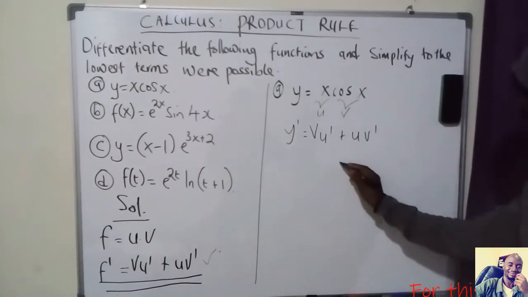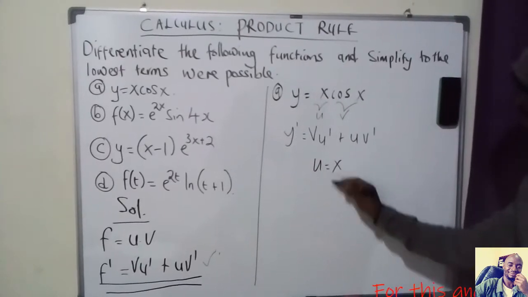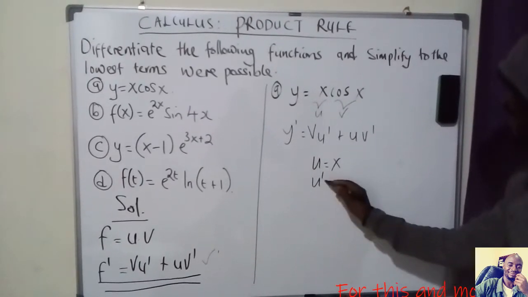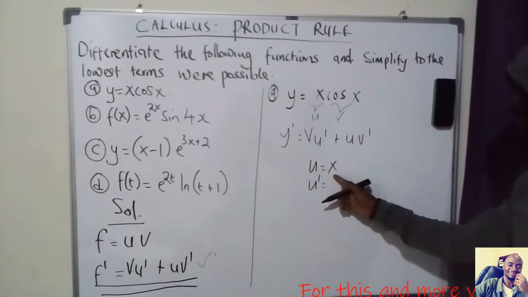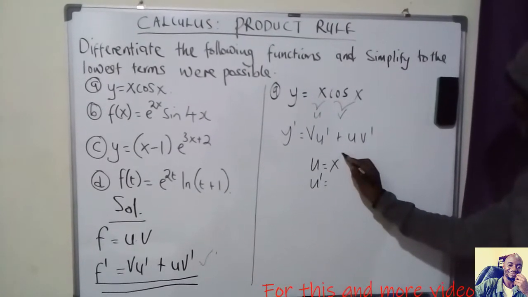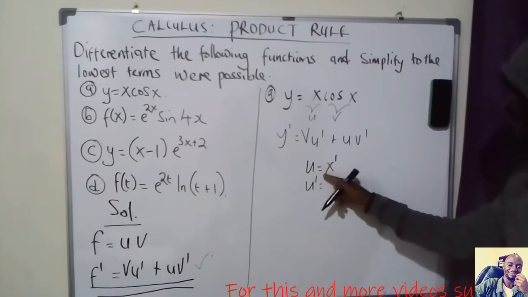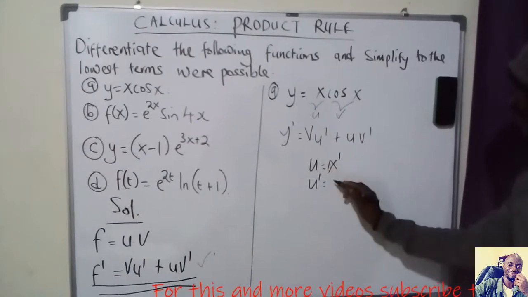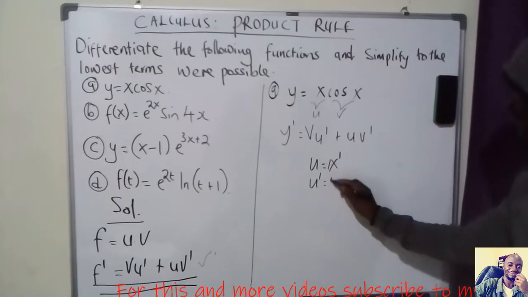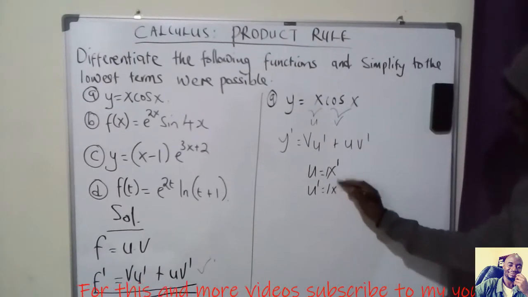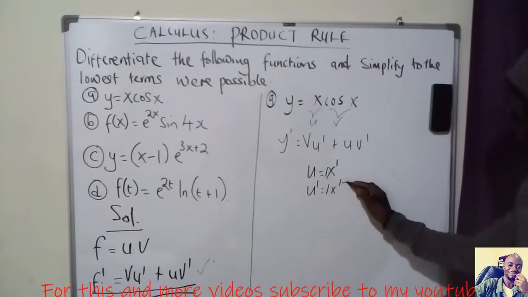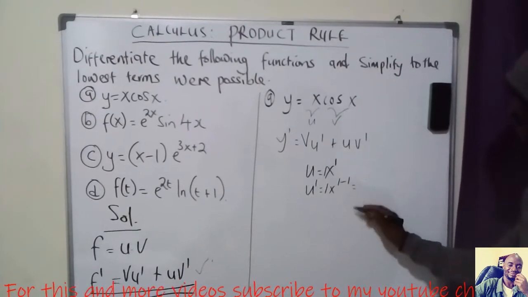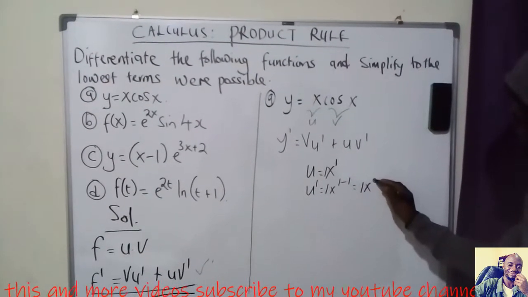We know our u is equal to x, then u prime will be the power here multiplied by the coefficient, which is a 1 there. So 1 multiplied by 1, we get 1. Then the power on x, 1, should reduce by 1, so you have 1 times x to the power 0.